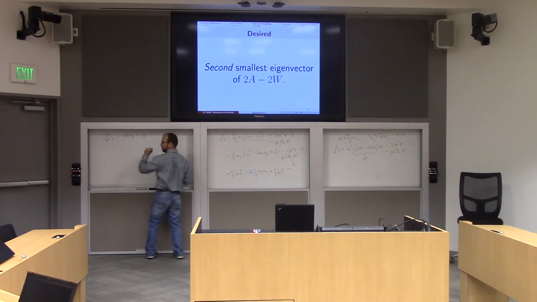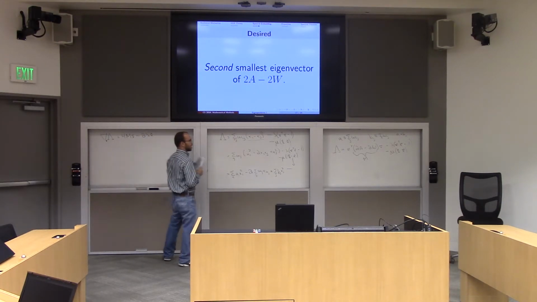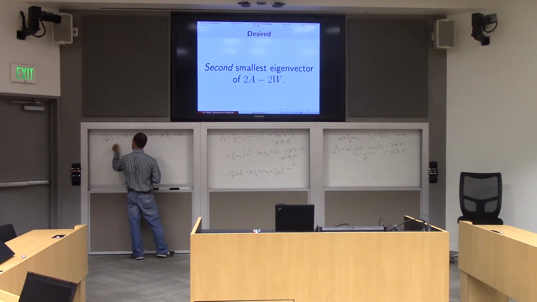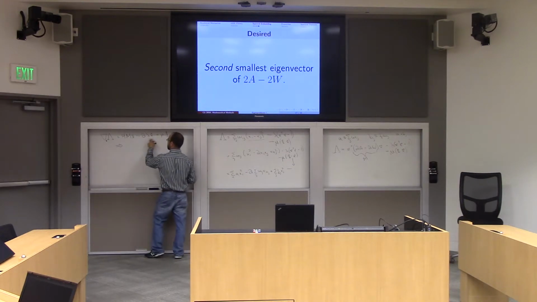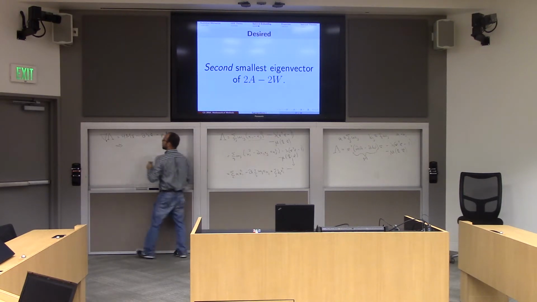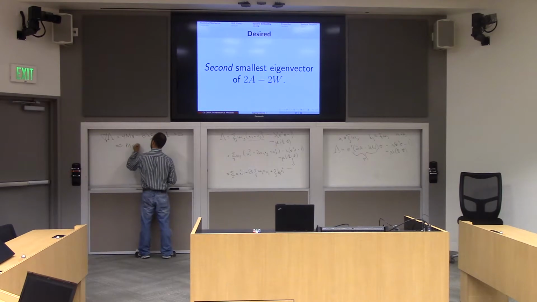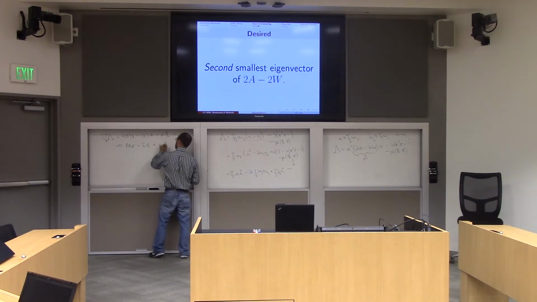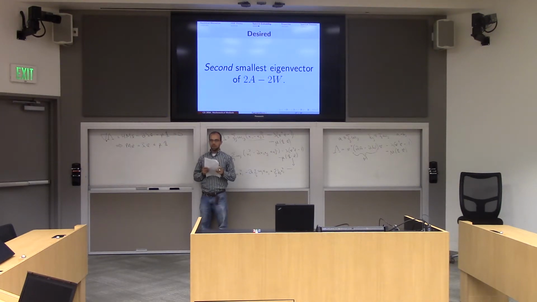Sorry. If you haven't noticed yet, I make a lot of them. Minus 2 lambda x. But now we have this additional annoying thing, which is mu times a vector of 1s. This equals 0. So let's redefine lambda and get rid of some of these constants. Since lambda is just some number anyway, we're going to want to solve Mx equals lambda bar x plus mu bar times this vector of 1s. You can always do that.